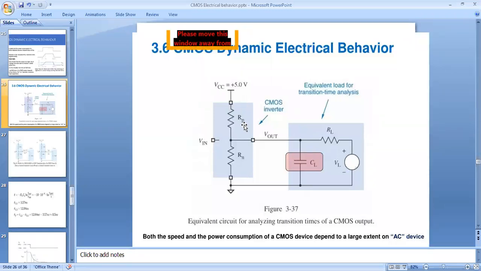This DC load is considered if we calculate steady state behavior. But here we study the dynamic electrical behavior. So that's why we consider CL also.